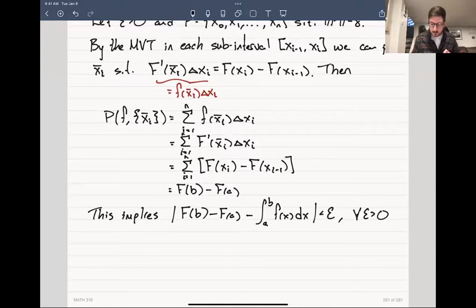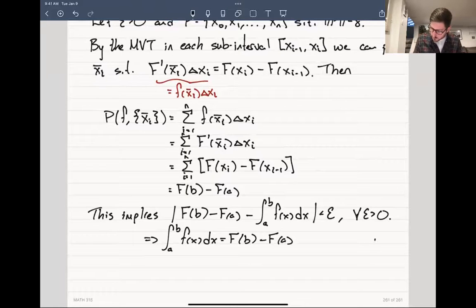I can always say that this is true just by following the above manipulations. But if this is going to be true for every positive number, I can just keep making this thing smaller. And the only way that's ever going to work is if the thing inside of the absolute value is equal to zero. So this tells me that the only way this is possible is if the value of this integral is equal to exactly what we said it would be in the theorem.